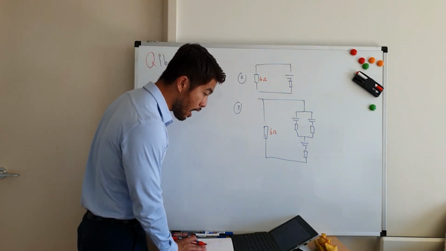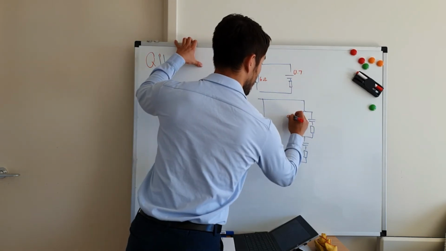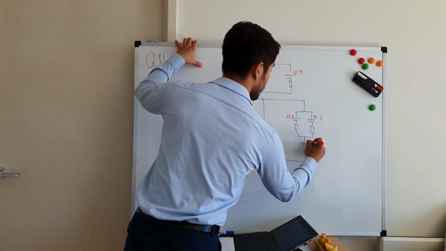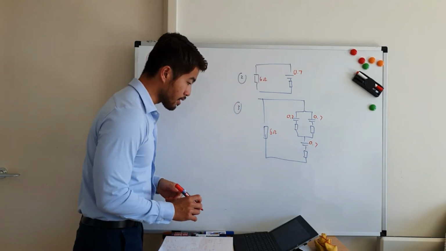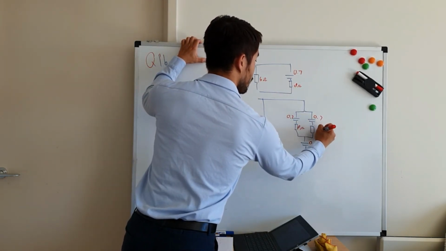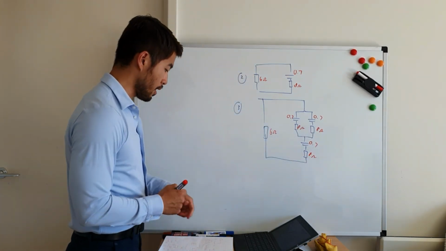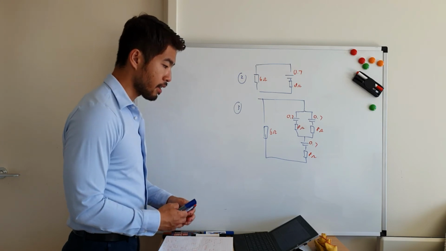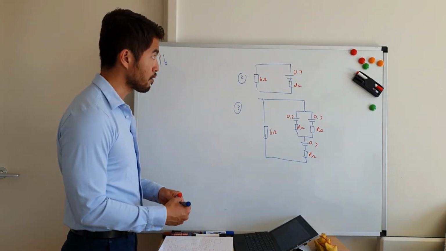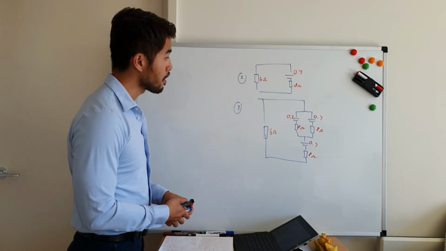Each one of these cells is 0.7 volts, and the internal resistance is 8 ohms. That's a lot of internal resistance, but that's what typically happens when you have a solar cell, like a solar panel. They have loads of resistance. That's why they are still very inefficient in these times.